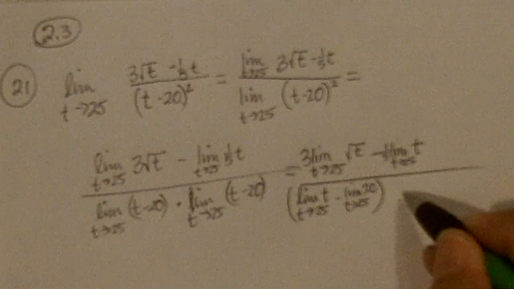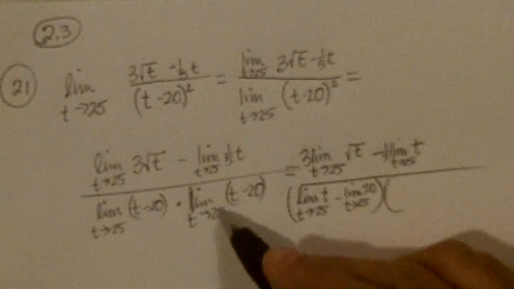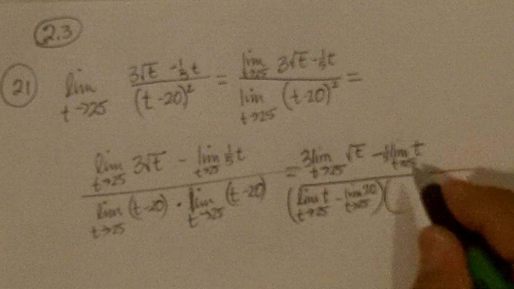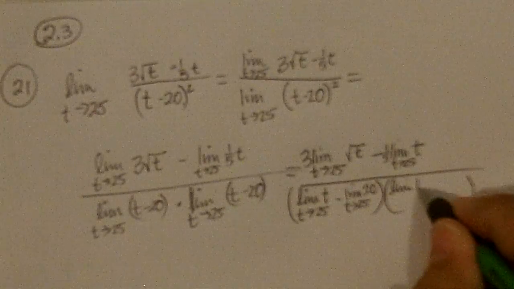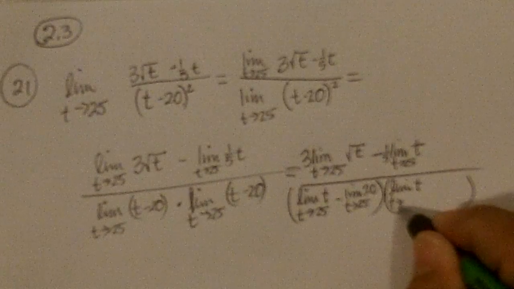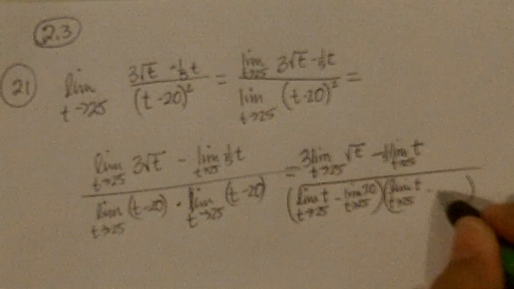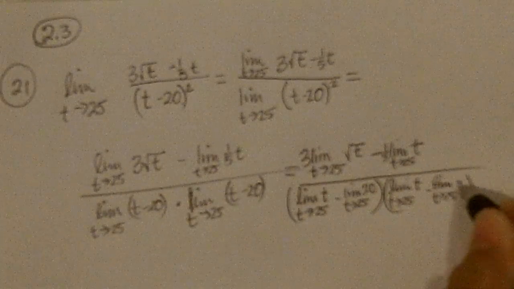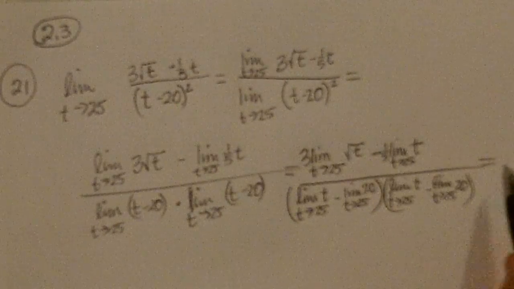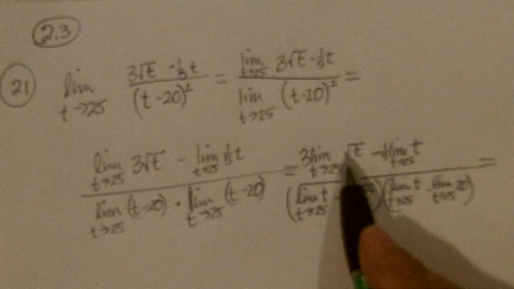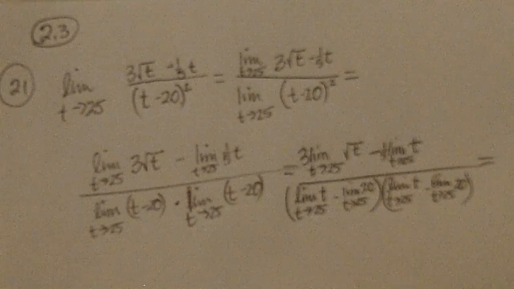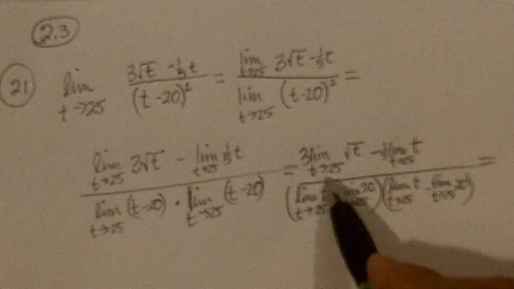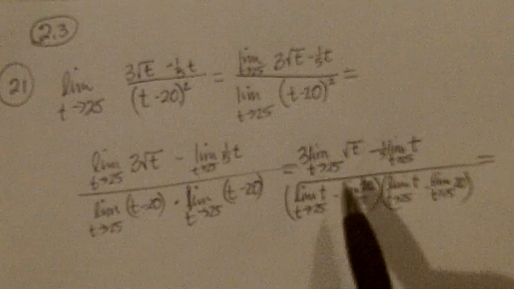That answer times that answer again, which would be the limit as t approaches 25 minus the limit as t approaches 25 of 20. And like I said, I could take that square root, make it a half, take the square root of the whole thing of this part later, but I'm just going to do this now.